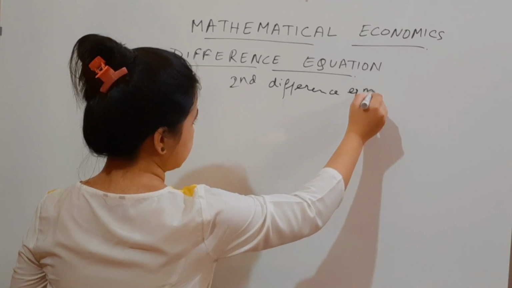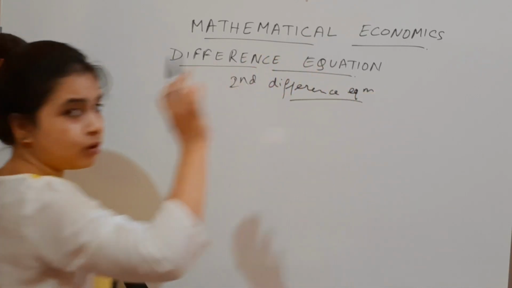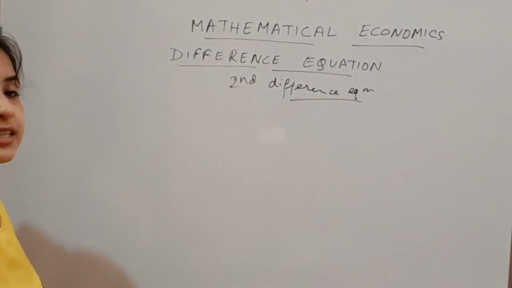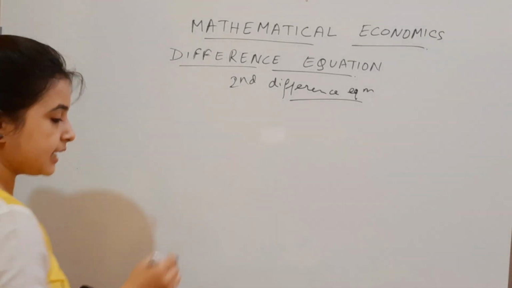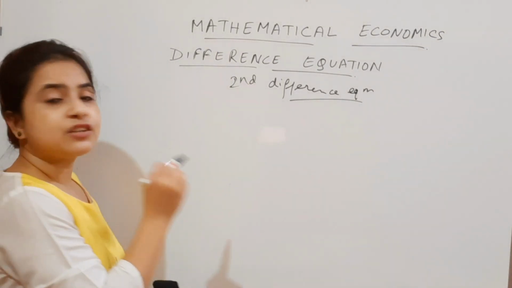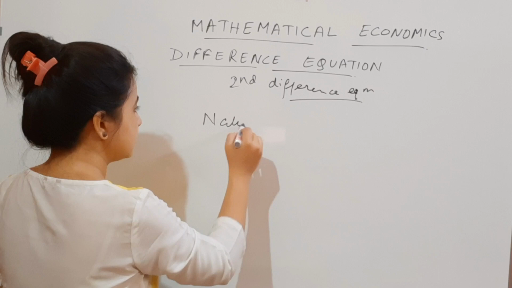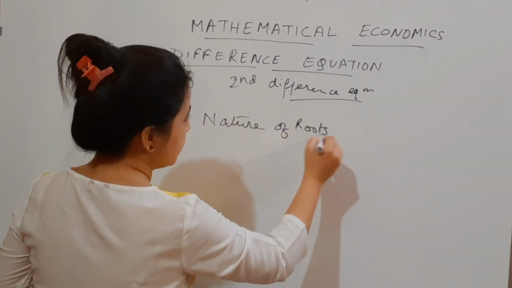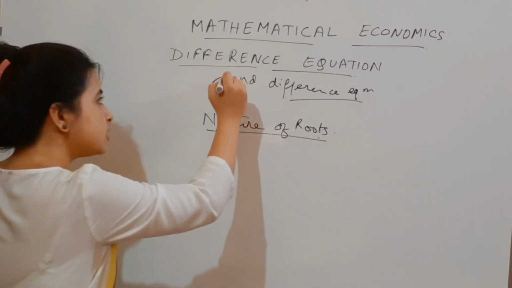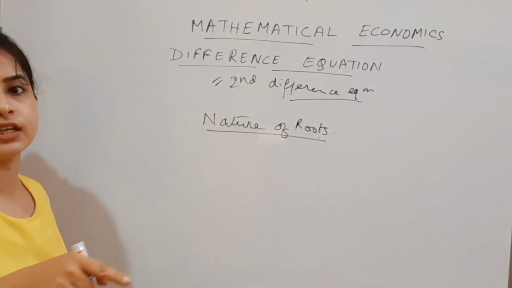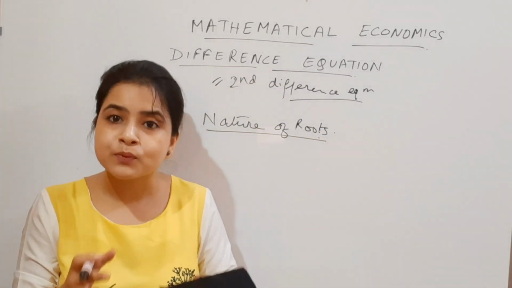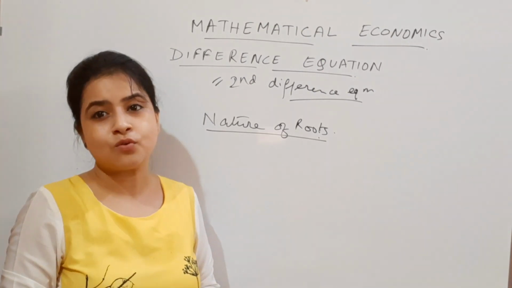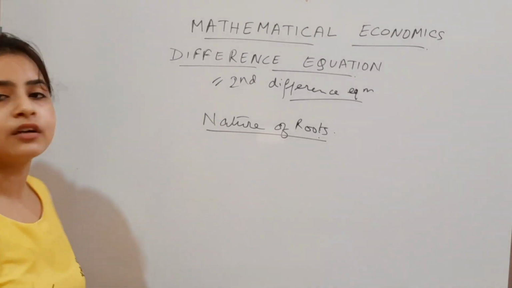Starting with the second order difference equation, one of the important things that we have discussed in those sessions is the nature of the roots. You remember, it was very important, because under the second order difference and second order differential equation we have a few types of roots. That is the reason why I am focusing only on the second order difference equation.